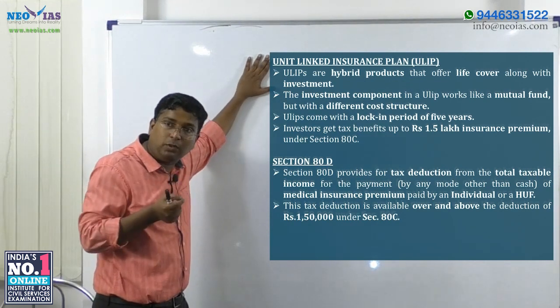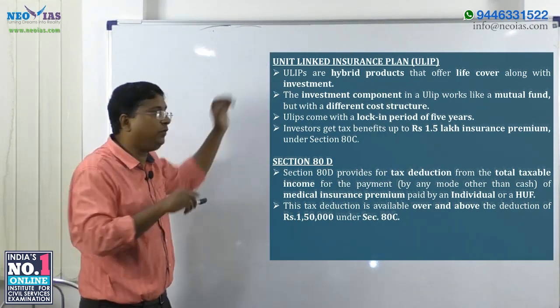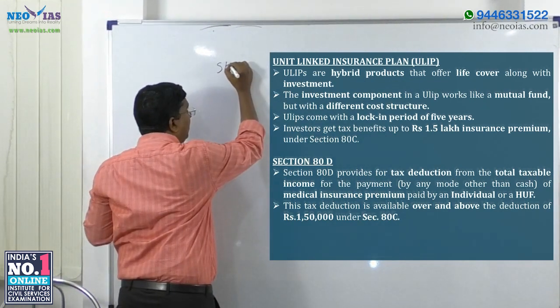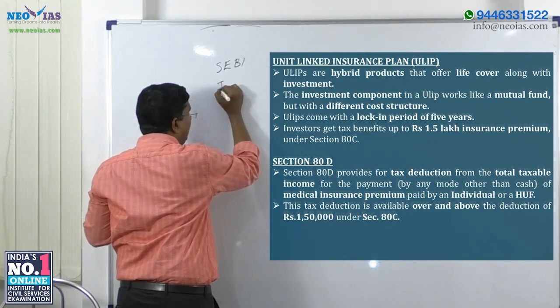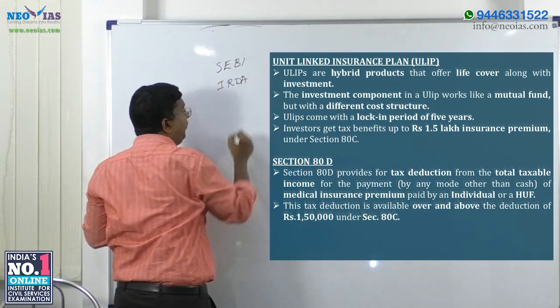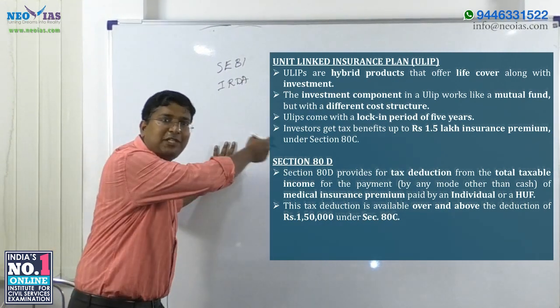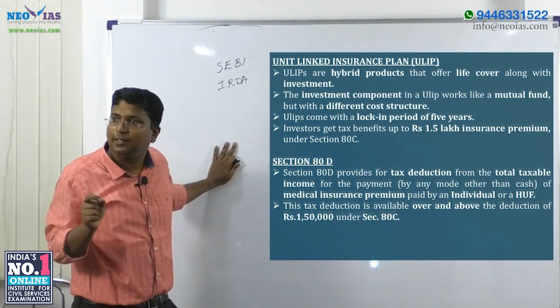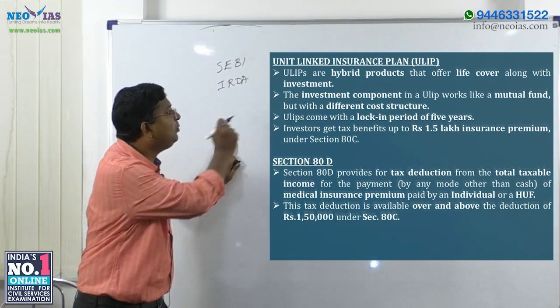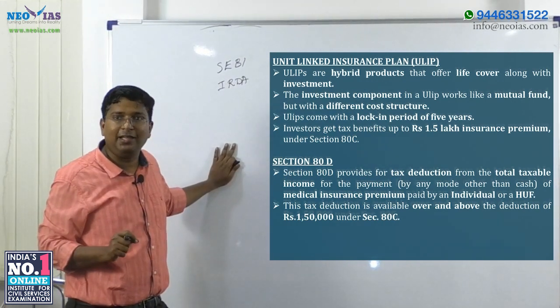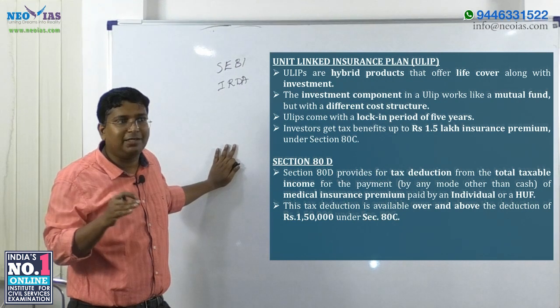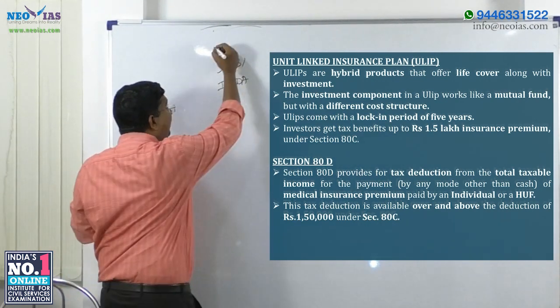When this instrument was introduced, there was a fight between SEBI and IRDA, a fight between two regulators. Who will have this control? Who will be the regulator of this particular product? Because it has insurance and it also has mutual fund. And finally, that's one of the reasons why FSDC was set up.